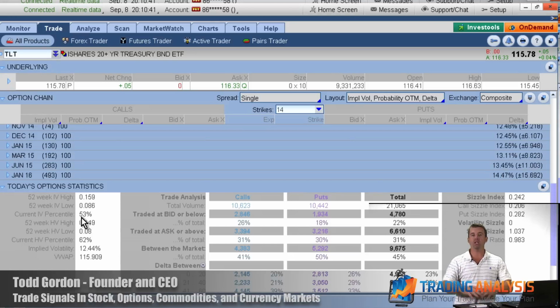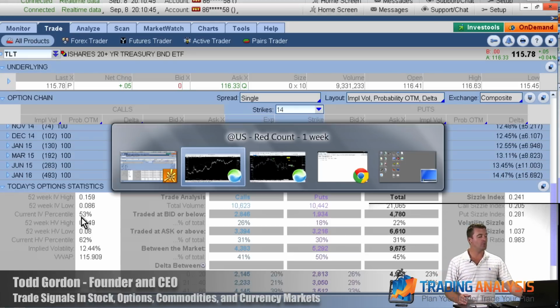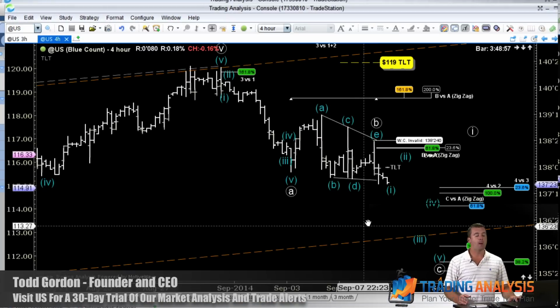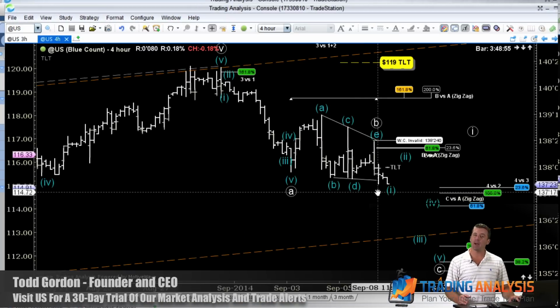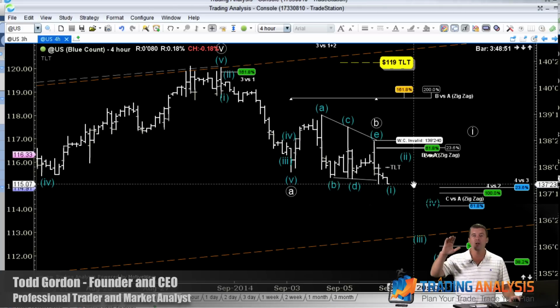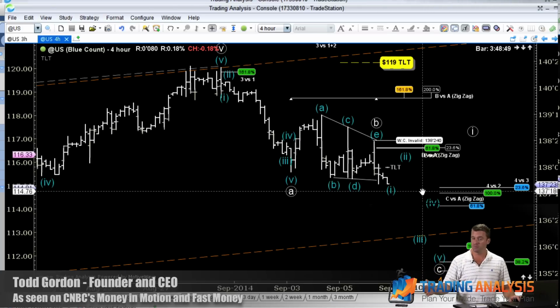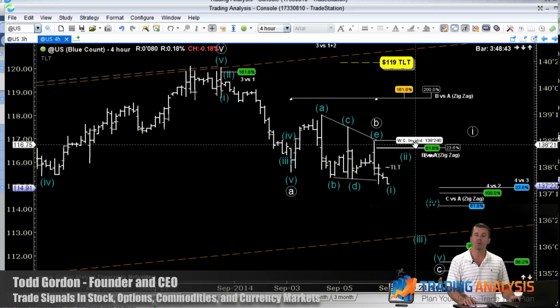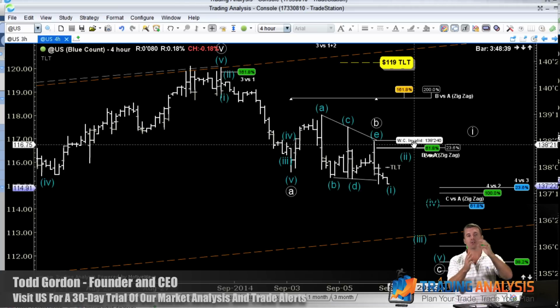If implied volatility is pumped up, that means option prices are pumped up, right? So if you jump into this trade and you want to be bearish, you can just buy puts, but if this thing just kind of goes sideways or just drips lower very slowly, you could lose money on the trade. So when implied volatility is up towards the upper half of its range, a better idea is to be short premium for hopefully a volatility contraction as well as a move lower based on the wave count.